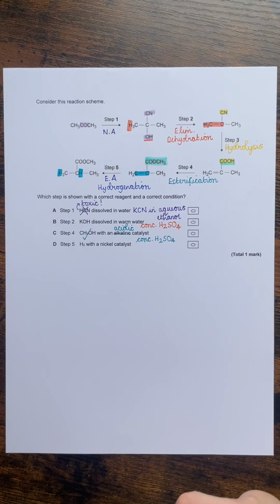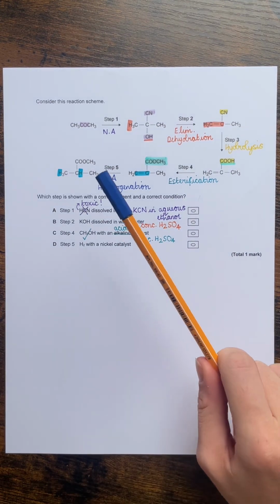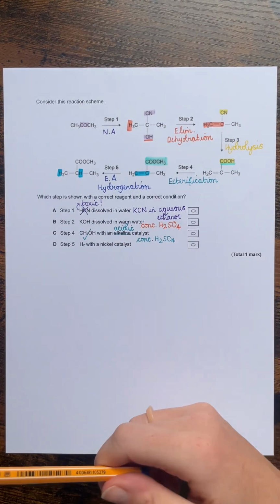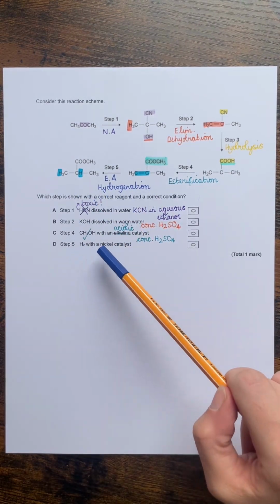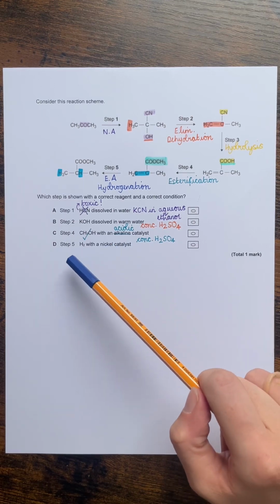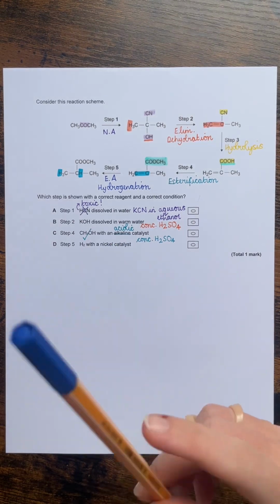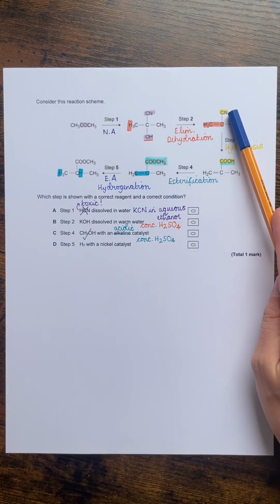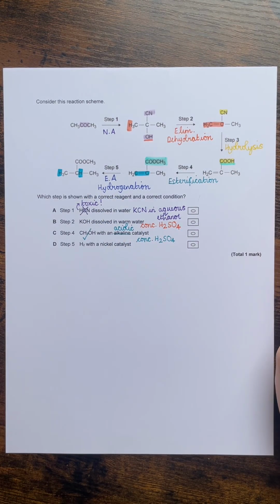Now, again, we don't necessarily need to know about hydrogenation as a process from an alkene to an alkane, but the reagents that we've been given for the H2 with a nickel catalyst, they're the reagents that we use when we're opening up the CN triple bond in a nitrile and turning it into an amine.